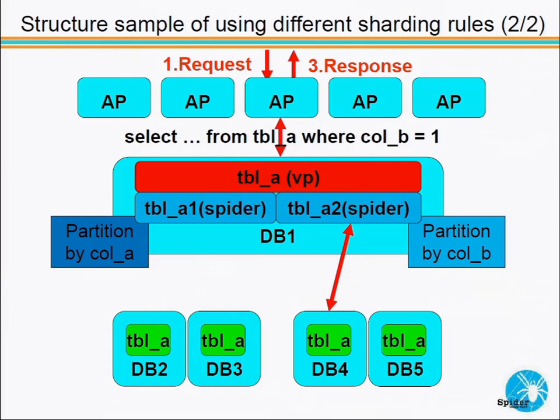On the other hand, when an application sends a query with where column B equals 1, VP chooses table A2. Then Spider sends the query to the data node, DB4.